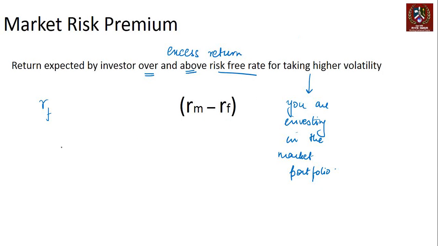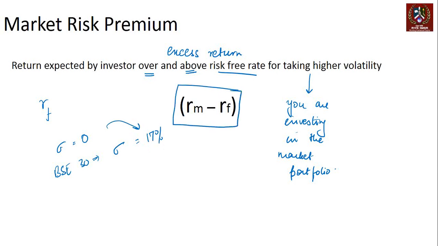Remember, risk-free rate has sigma close to 0, whereas we saw that for BSE 30, the annualized sigma was equal to about 17%. Now you're taking this risk, so obviously you would want to get a slightly higher return. This is the excess return that you're expecting out of investment in the market.